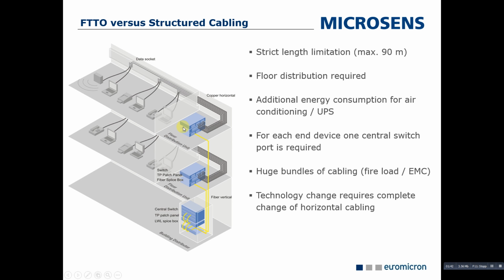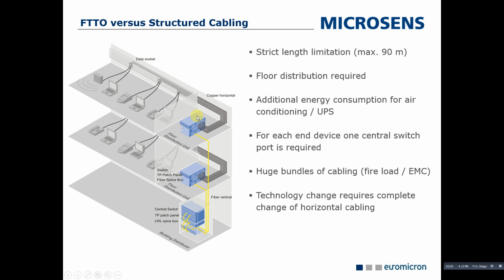And even this floor has to be cooled. So that means you are losing valuable space. You have to use a UPS for powering the switches, and you have to use a cooling system.